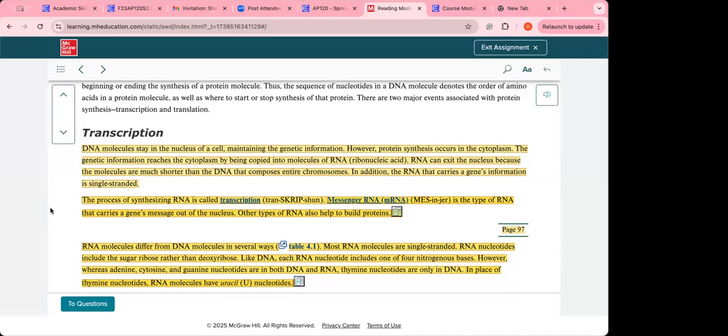Okay, so synthesizing RNA is transcription. Let's scroll down.